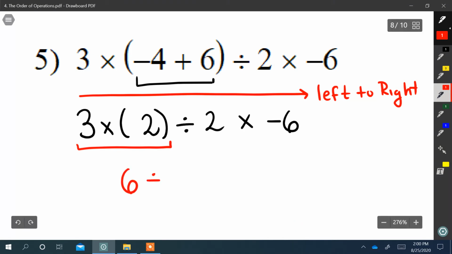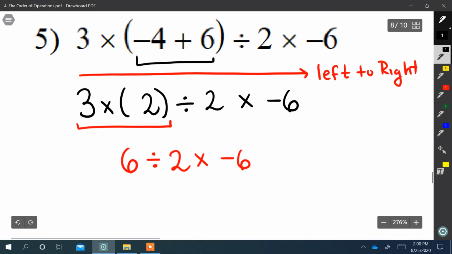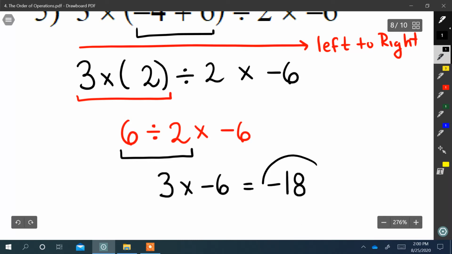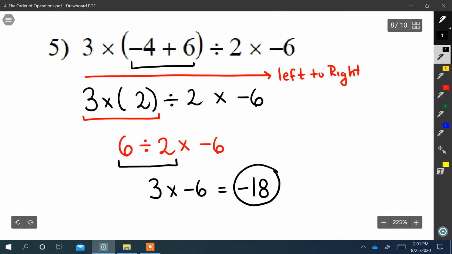Now let's bring everything down. Let's finish up. We're going to do 6 divided by 2. That will be 3. Then 3 times negative 6 will be negative 18. Okay, and that's how we do that problem right there.